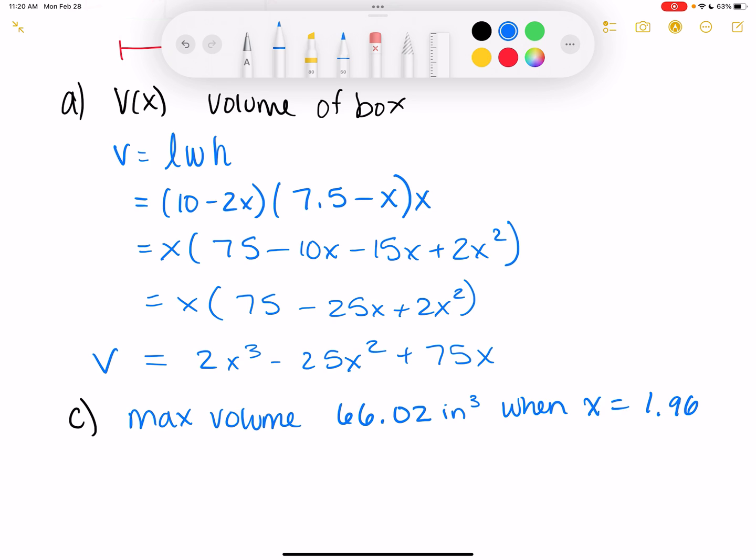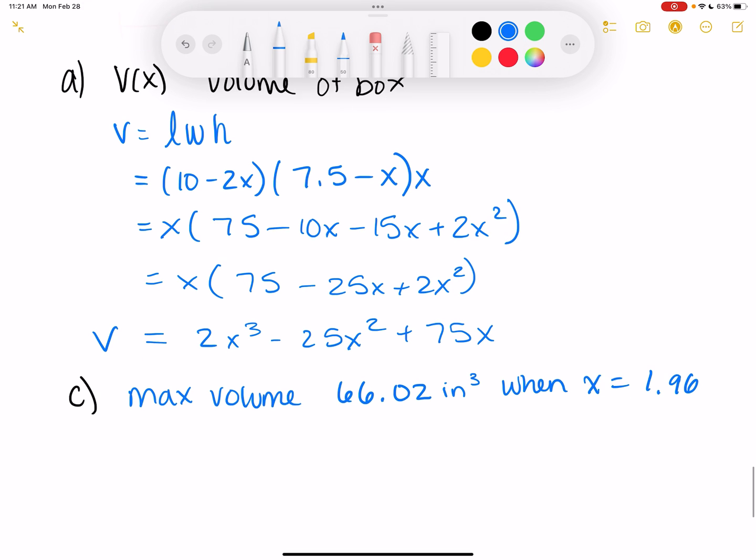To confirm the result, we are just going to take the derivative of our volume function and set it equal to 0 to find this.